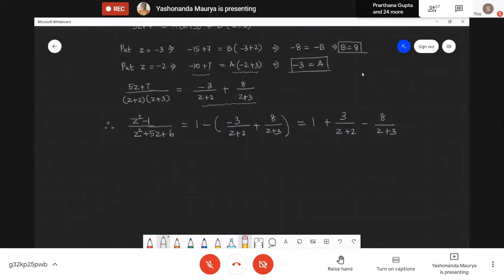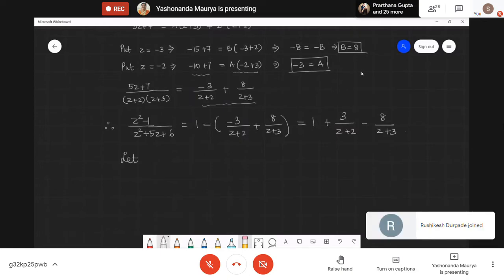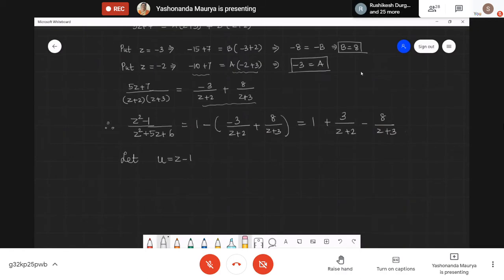So what we will do is let u is equal to z minus 1. Why are we doing this? Because ultimately we want the entire expression in the powers of z minus 1. So I am denoting this expression z minus 1 by a single number, that is u. Now if I say this way, this implies z is equal to u plus 1.